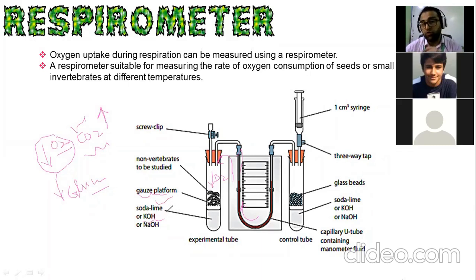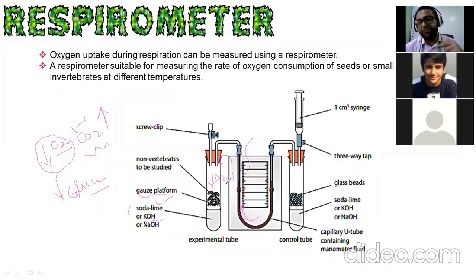If there is no soda lime, listen very carefully here. For example, I'm not keeping soda lime here; I'm just discussing this part of the apparatus. What will happen? If 1 mole of oxygen is utilized, 1 mole of carbon dioxide will be produced, so the liquid will remain the same.